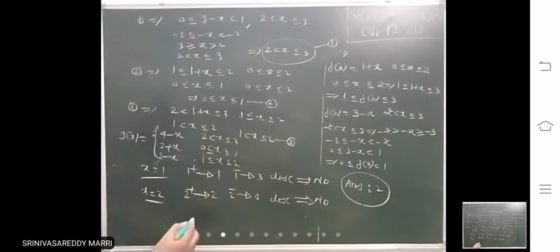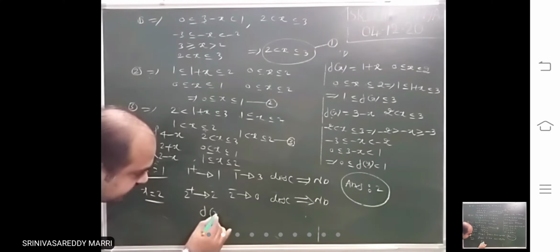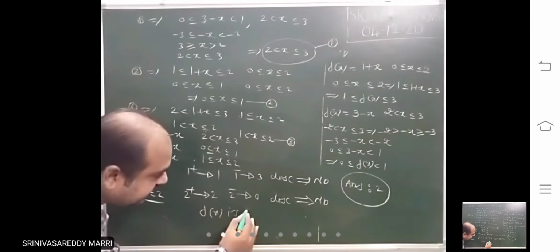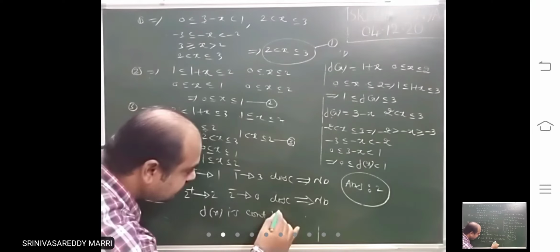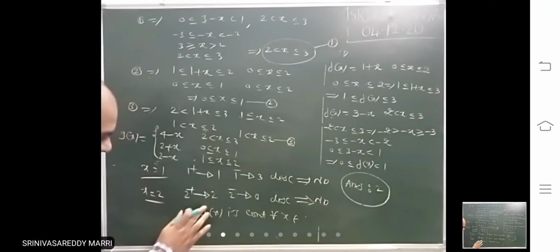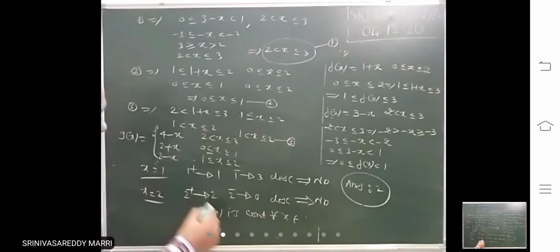Suppose question is asked like this: g of x, where it is continuous, interval asked, where it is defined. If you look at here, definition is from 0 to 3.